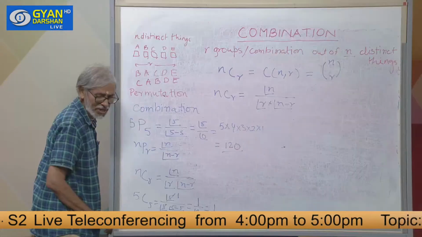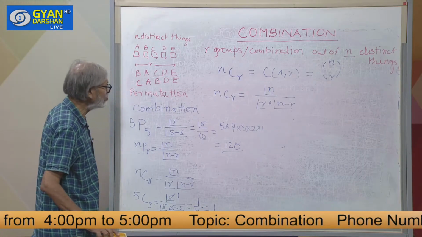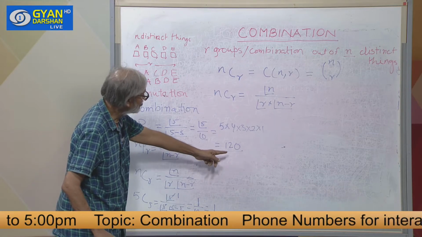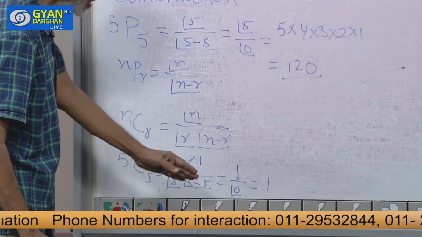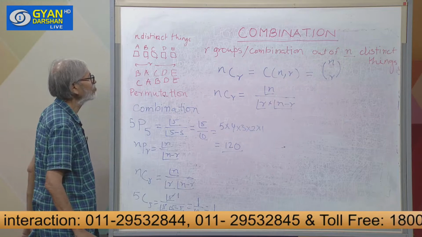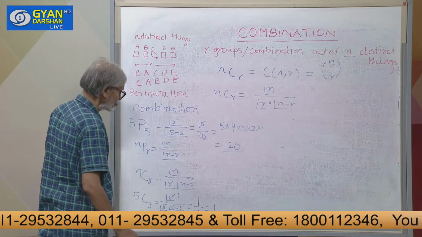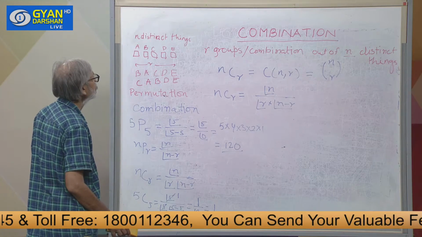So, only one combination we can form. Can you see the difference? If order is important, then 120 ways are possible. If order is not important, then only one way, 5 things can be chosen out of 5 things.